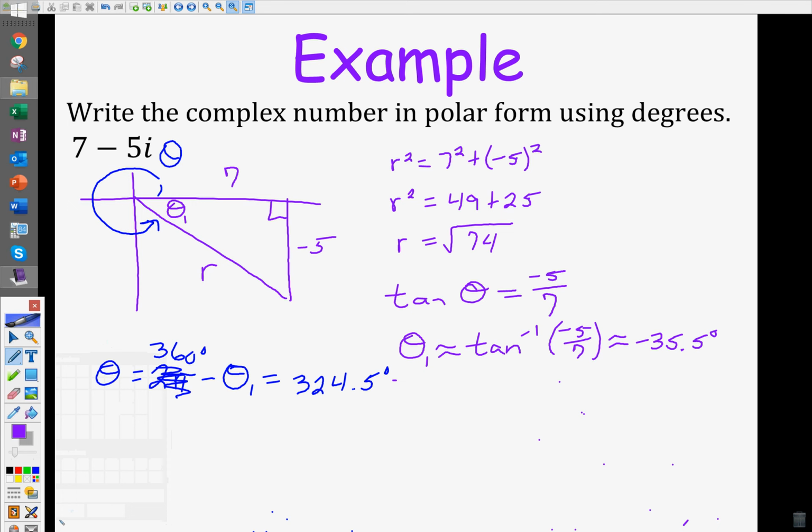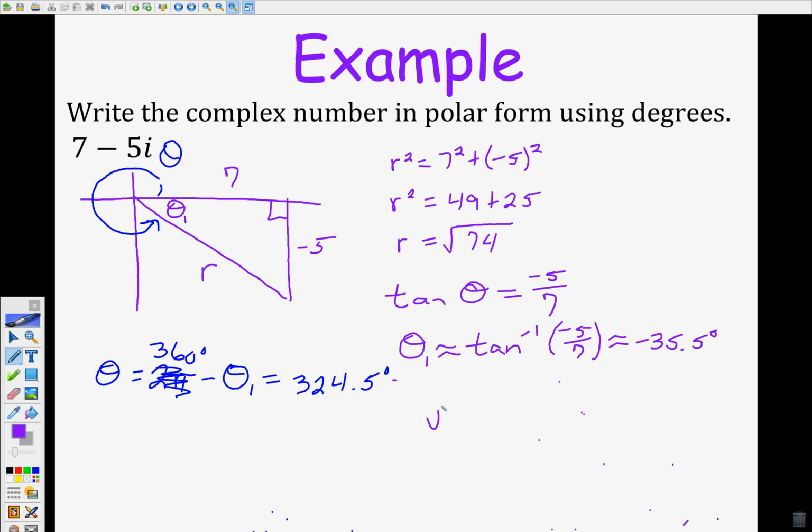We could call this the square root of 74 cis of negative 35.5 degrees. Or we could call this the square root of 74 cis 324.5 degrees.